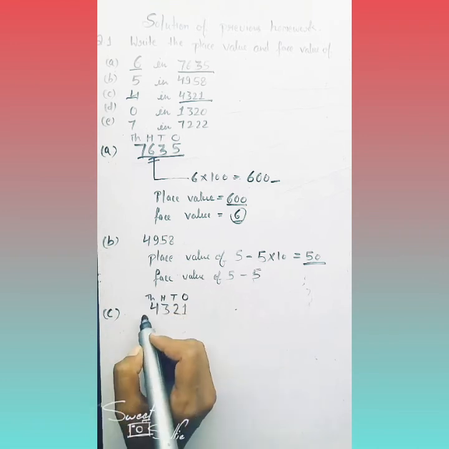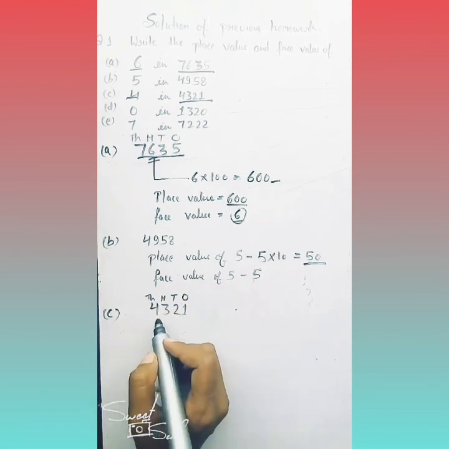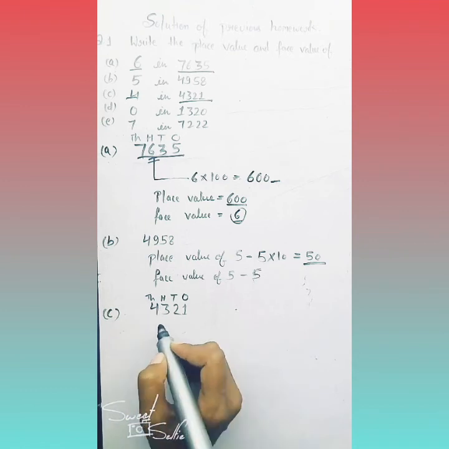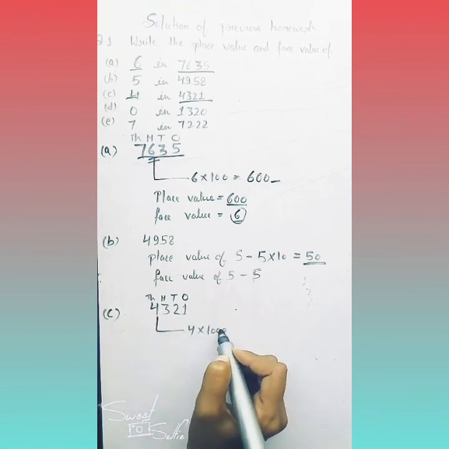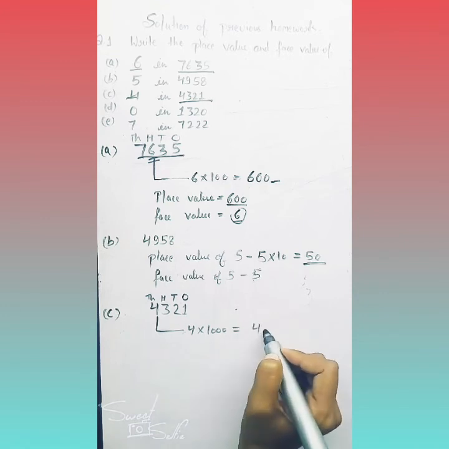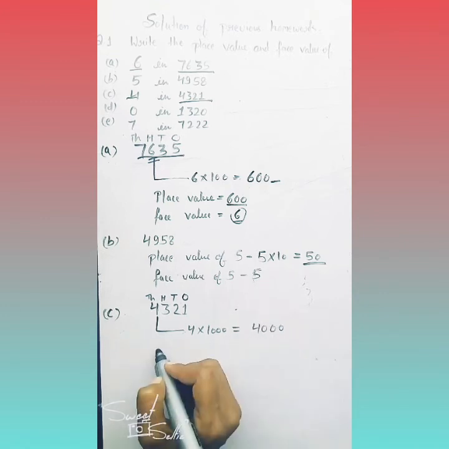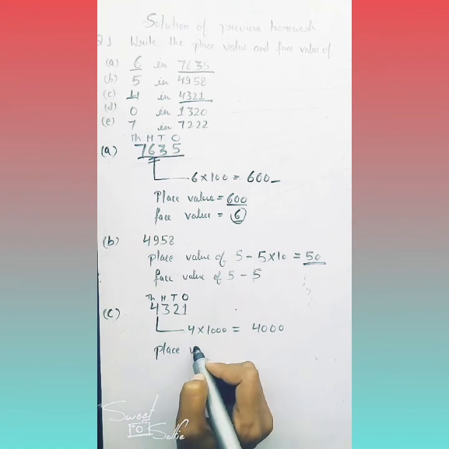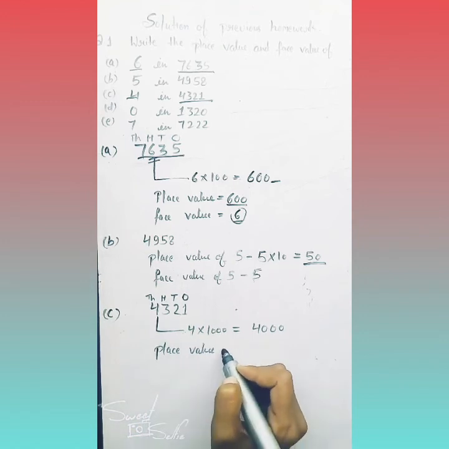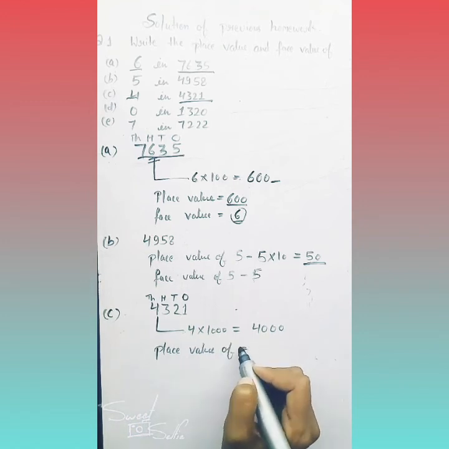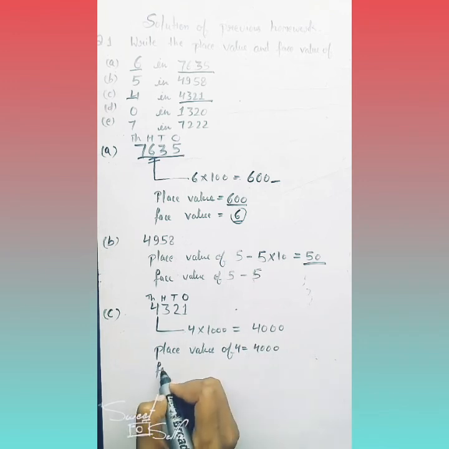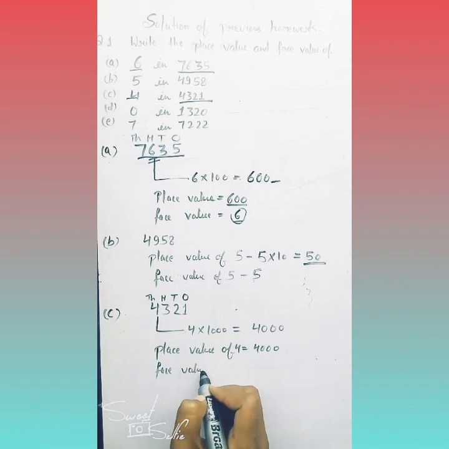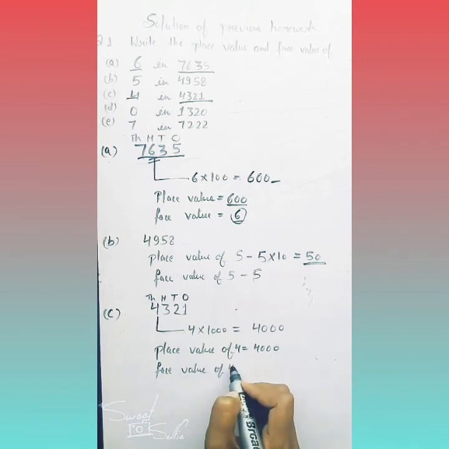We can see 4 is at the thousands place, so we will multiply 4 with 1000 and we get 4000. It means the place value of 4 is 4000. And the face value of 4 will always be the same, 4.